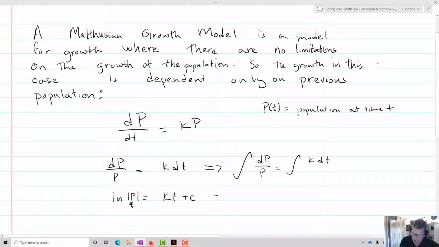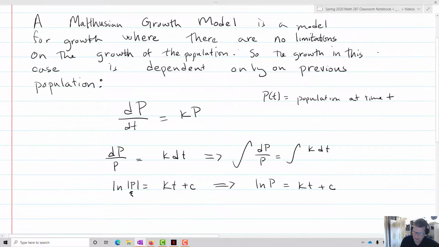We don't actually have to utilize the absolute value here. We can just make this natural log of P equals kt plus C. Okay. And then using our natural logarithms, P is going to equal e to the kt plus C, which is equal to C e to the kt.